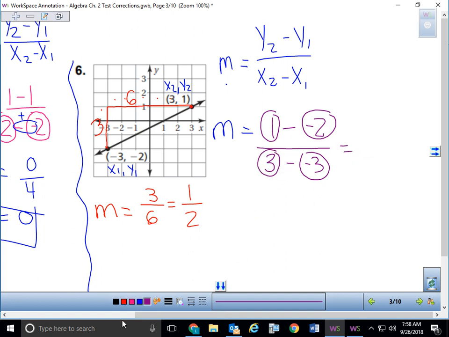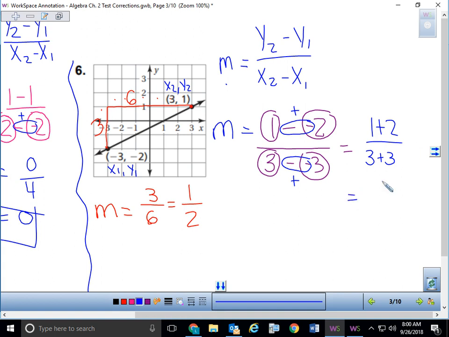Simplifying this, we have 1 minus negative 2. Well, these two turn to a little plus sign. So it's really 1 plus 2 over, on the bottom, 3 minus negative 3. Again, these turn to a little plus sign. 3 plus 3 is really the problem I'm working on.